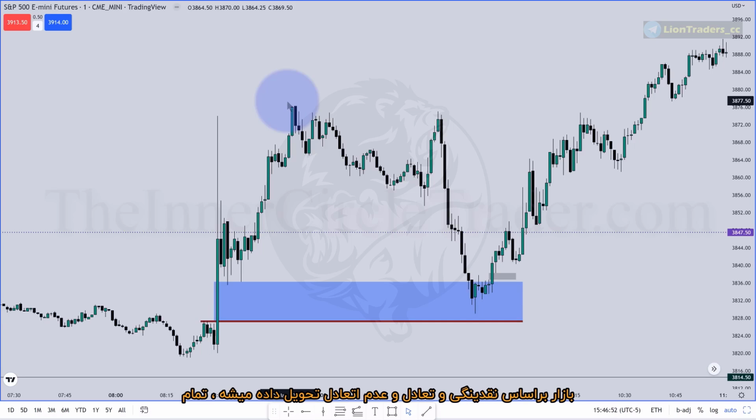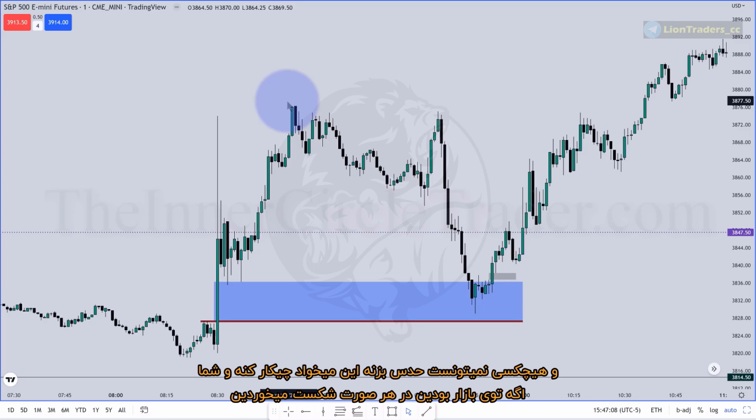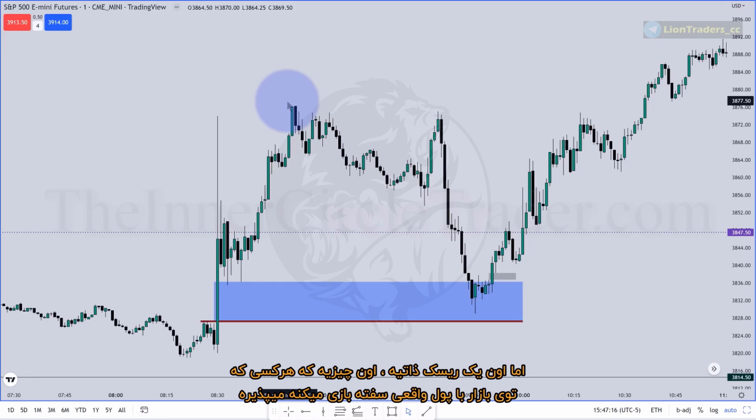The market is delivered on the basis of liquidity and imbalance, rebalance. That's it. That's the only thing that's happening. Otherwise, it's some kind of unexpected event where manipulation comes in, where nobody can determine what it's going to do, and you're going to lose regardless if you're in the marketplace. That's unfortunate. That's what happens sometimes, but that's the inherent risk. That's what everybody takes on when they speculate in these markets with real money.